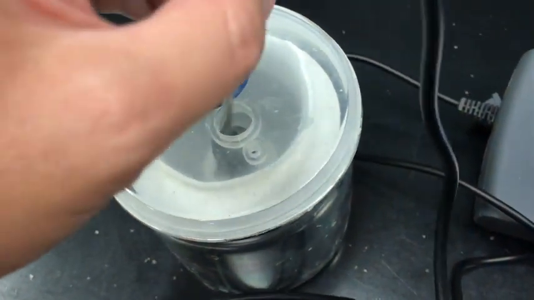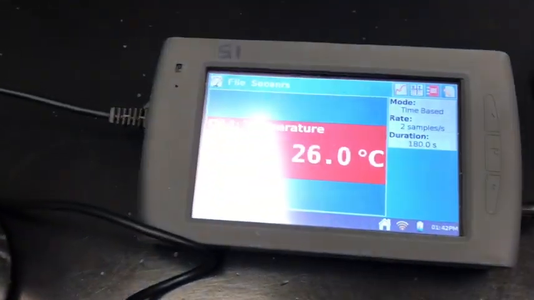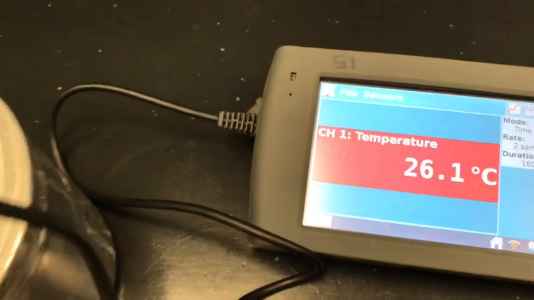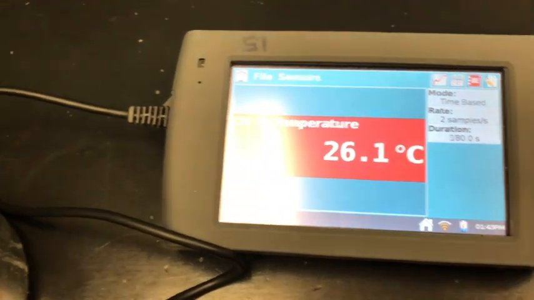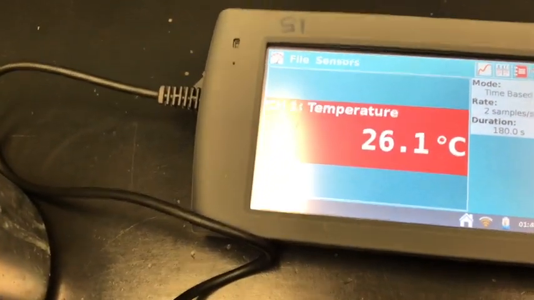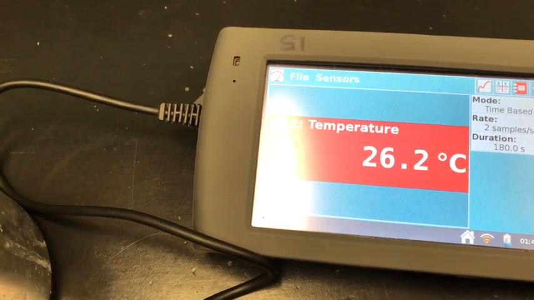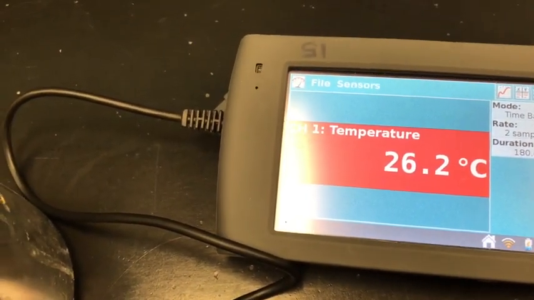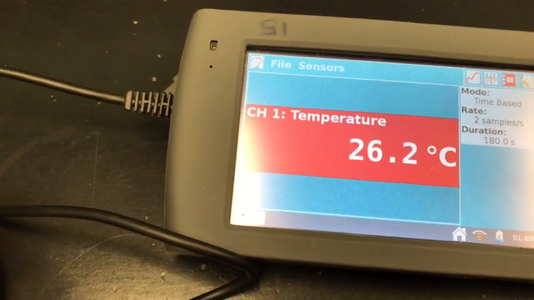Stirring the water in the calorimeter to help circulate the water and evenly spread out heat. And we're going to just keep watch until the temperature reaches the highest temperature it can go. We'll know the temperature has reached its peak once it starts to decline again.